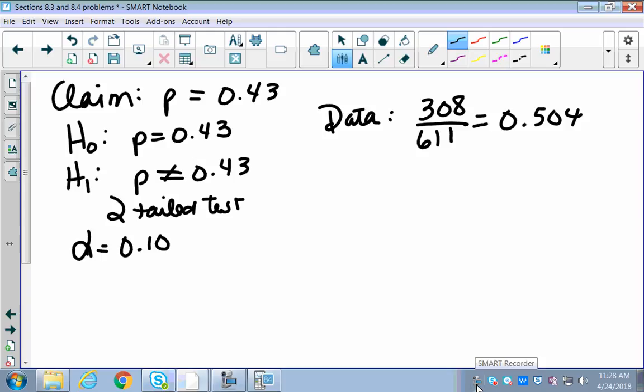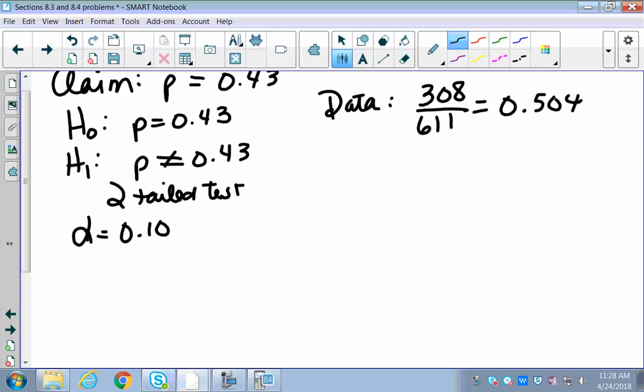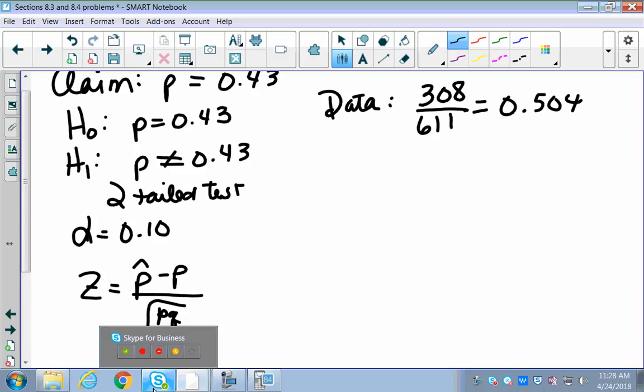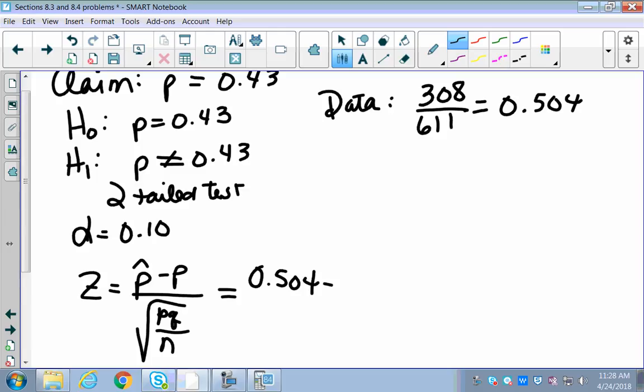I'm using a proportion. So using a proportion, am I using Z or T? Z. So that's P hat minus P divided by the square root of P times Q divided by N. P hat is going to be 0.504. P is 0.43.